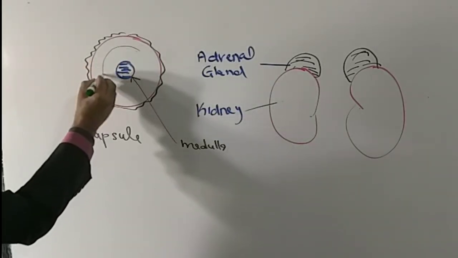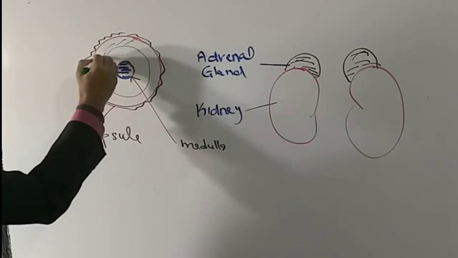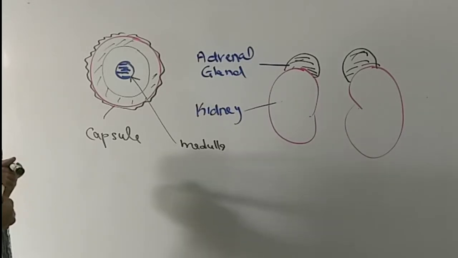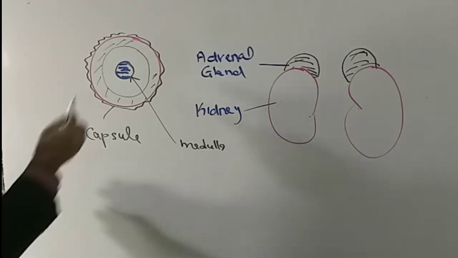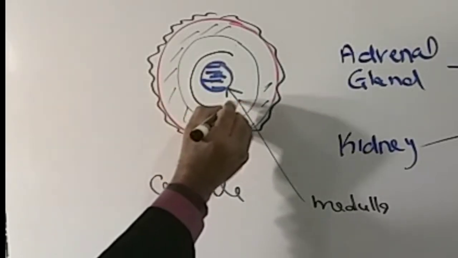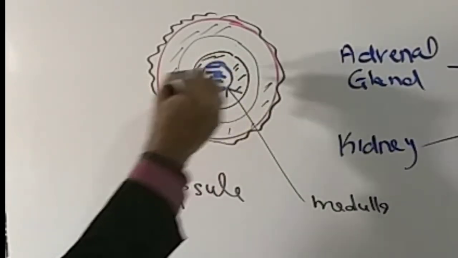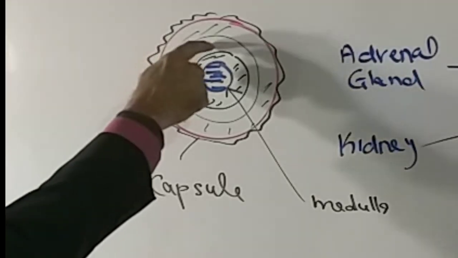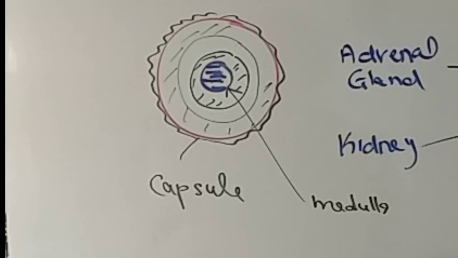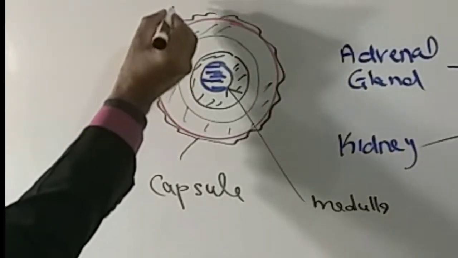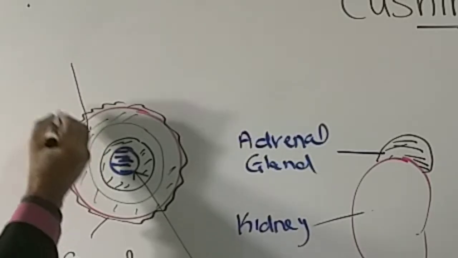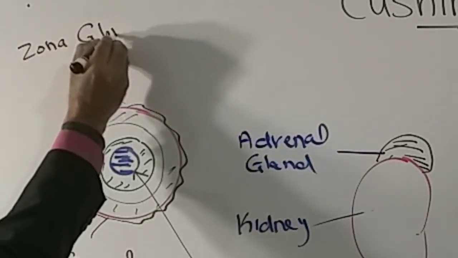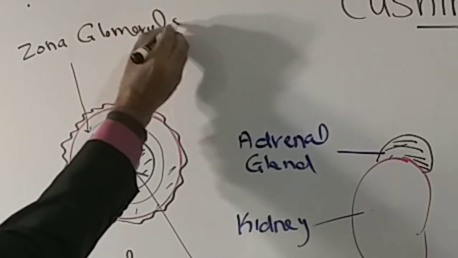Let's say this is the outermost, then comes the middle, then the innermost. These three are part of the adrenal cortex. The outermost is known as zona glomerulosa.